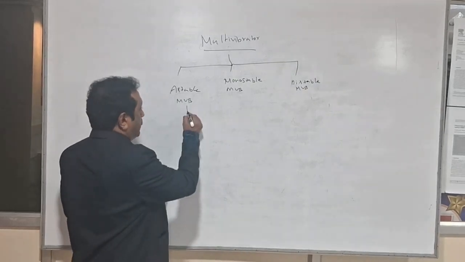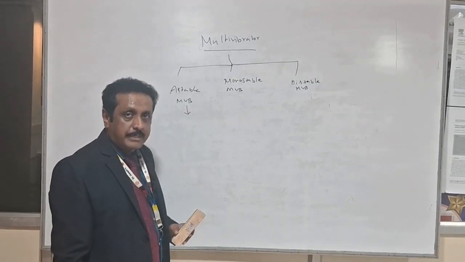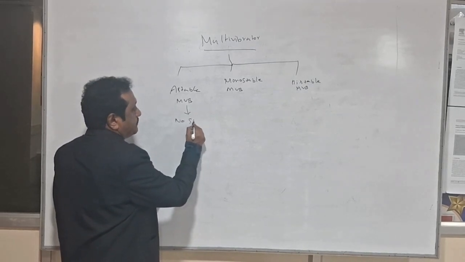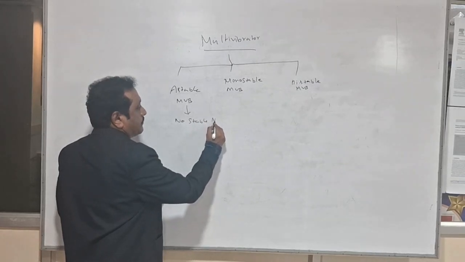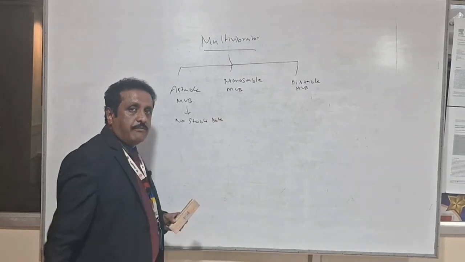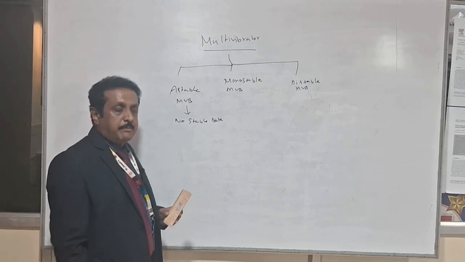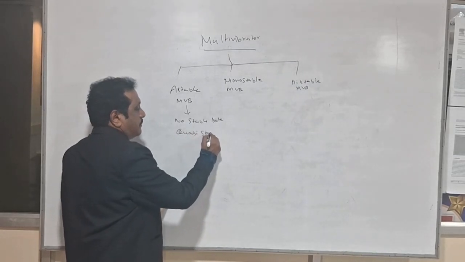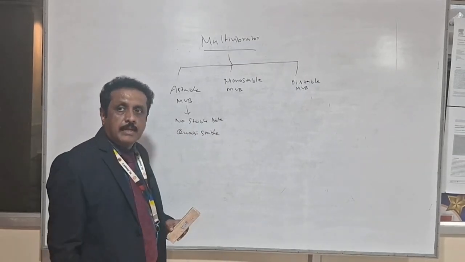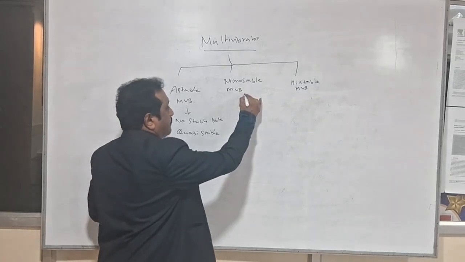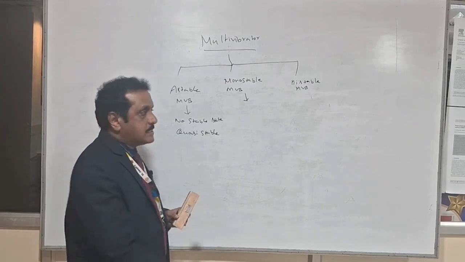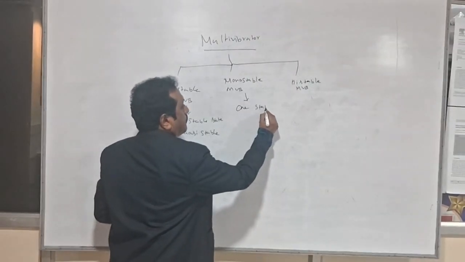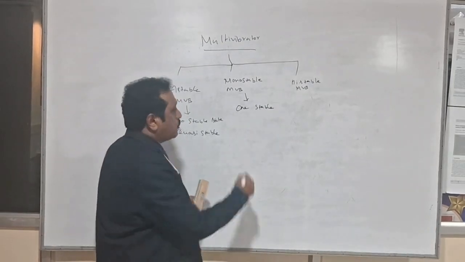Let's start with the first one, the astable multivibrator. It has no stable state. Both states of the astable multivibrator are quasi-stable. The second one, the monostable multivibrator, has one stable state and one quasi-stable state.